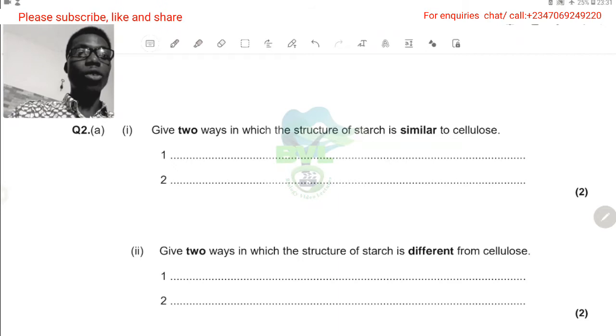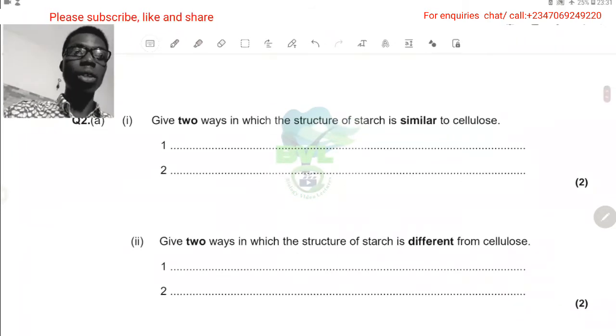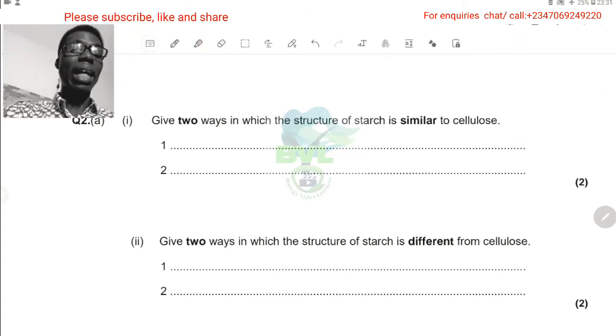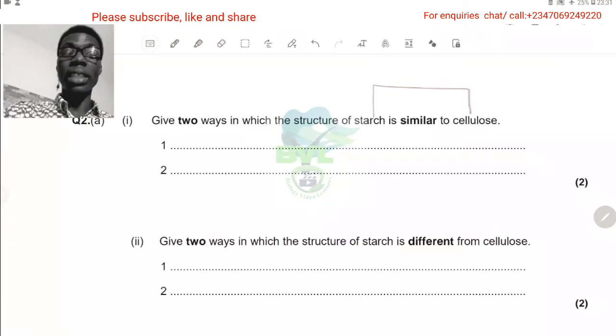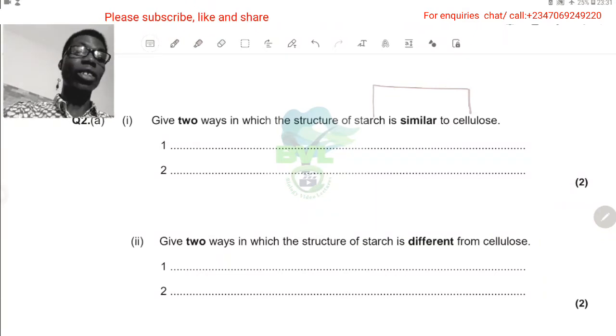Now it says give two ways in which the structure of starch is similar to cellulose. Well, both of these are polysaccharides. Starch and cellulose are polysaccharides. They have some differences and some similarities.